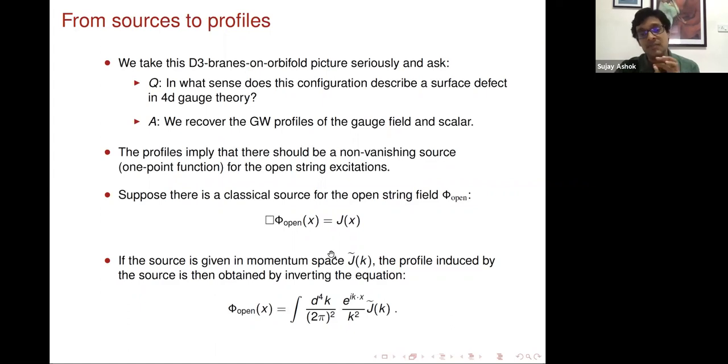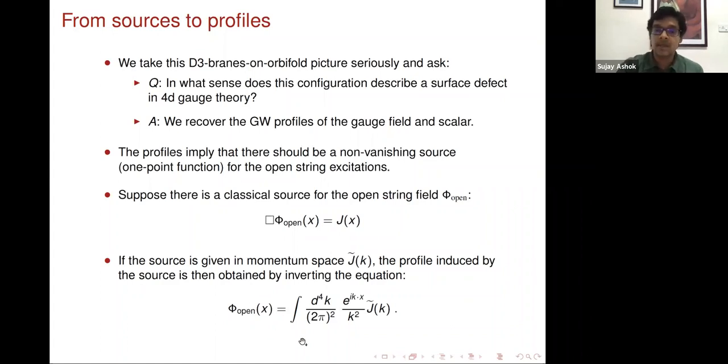Then if it's a massless field and there's a source, the classical equation of motion would look like so: box phi goes like the source. And if the source is given in momentum space, then we can reconstruct the profile by solving the equation in momentum space and doing the inverse Fourier transform to find the profile.